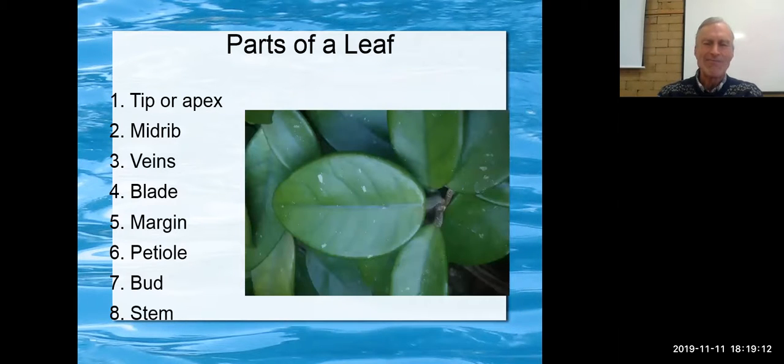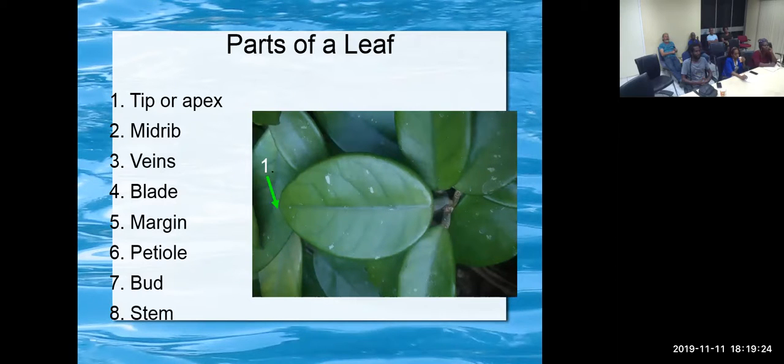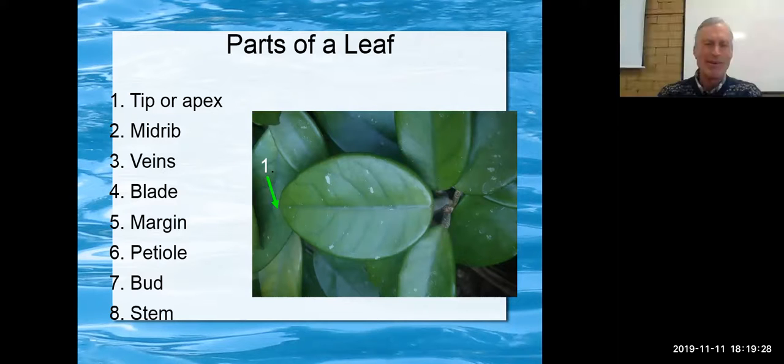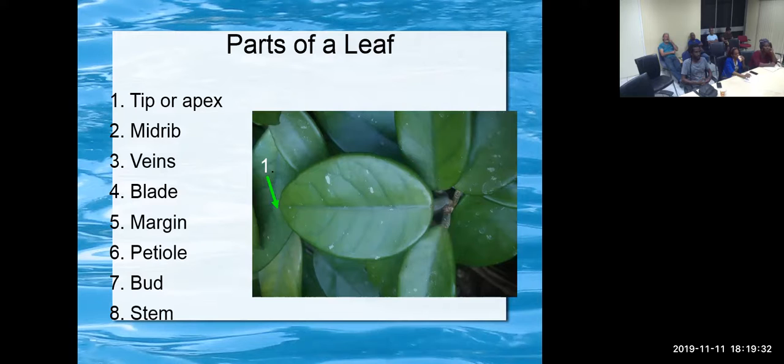So here's a leaf. So what part of it is the tip, the apex? On the left side. There it is. And what part's the midrib? Yep. Down the center. There it is.